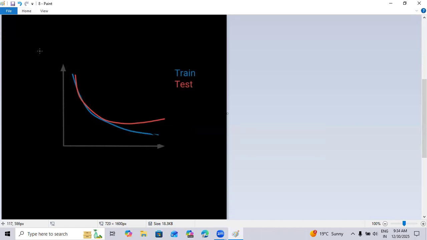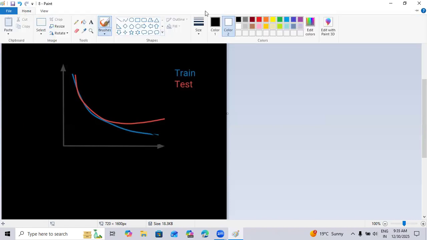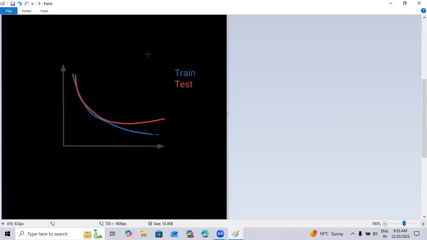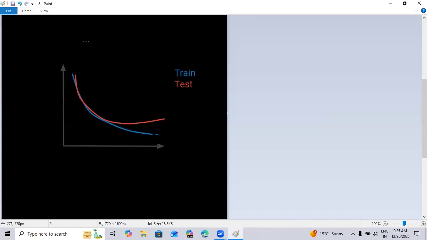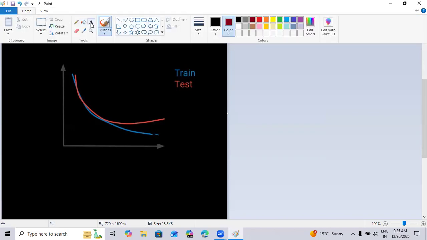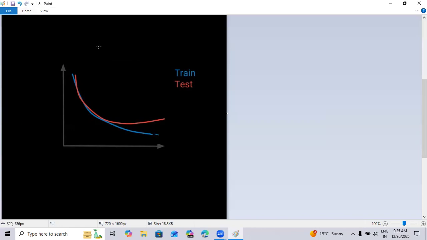So the first one is mean square error. My keyboard is not working, so let me give the explanation.